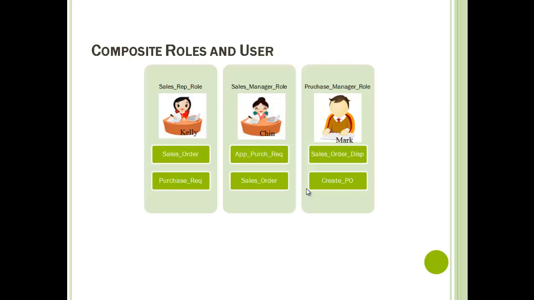So a composite role is nothing but a number of single roles. And remember one thing, you cannot create a composite role for composite roles. It should be single roles. One thing we need to remember here is that the SAP system does not use a different name for single role and composite role.